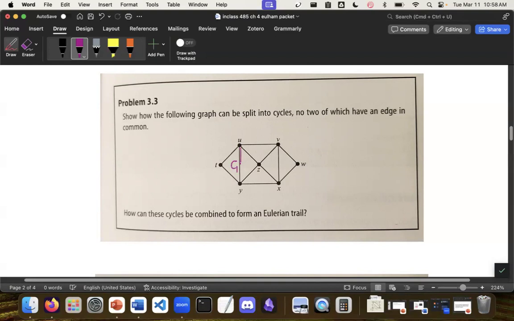We've got C1 here, which is this triangle. Now we can't do this cycle because we've used up that edge. This could be C2. This could be C3. And this can be C4. In such a way where now we've used up all the edges of the graph.